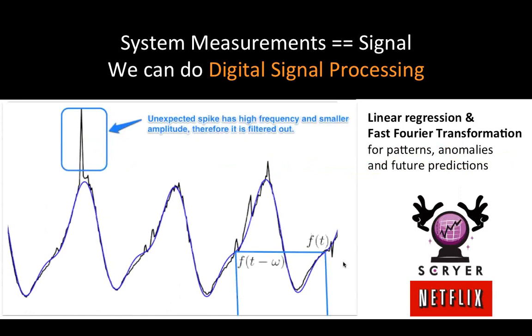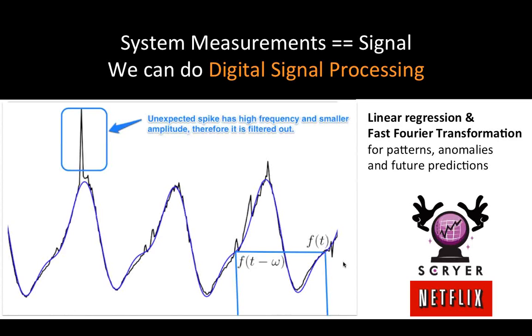Moving even deeper into this theory or application, an example here is Netflix Scryer. What Netflix have done is that they measure and then they apply both linear regression and fast Fourier transformations to the signal. With fast Fourier transformation, they can detect repeating sine wave patterns.